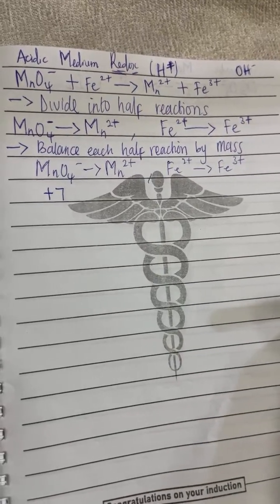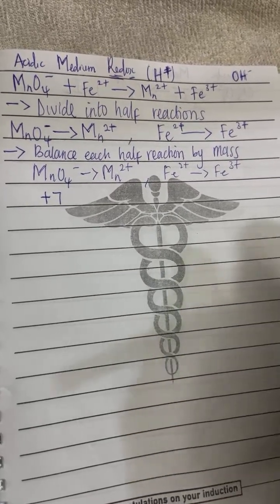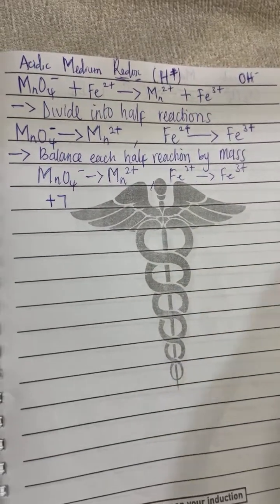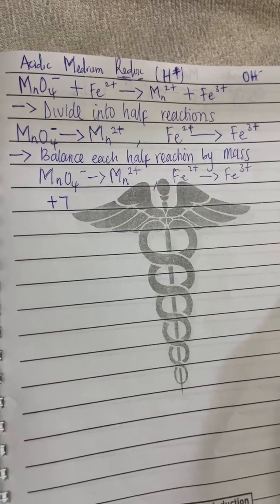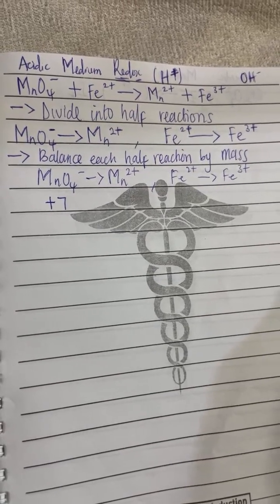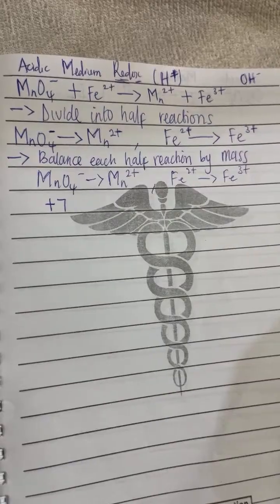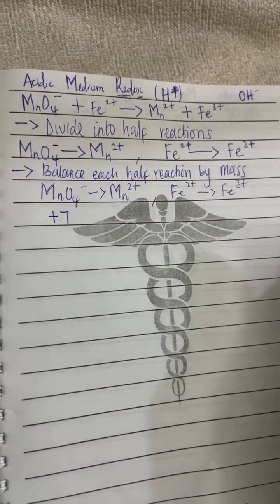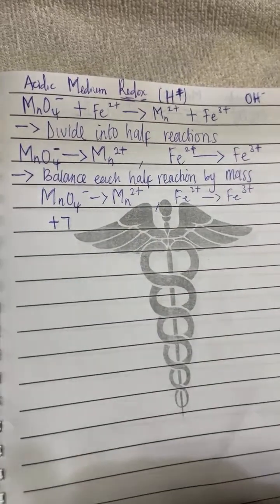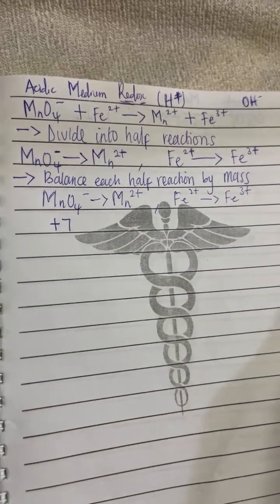If you are feeling lost, that's because you don't know how to calculate the oxidation number of elements in a compound. I've already made a video on oxidation and reduction, and I've already explained oxidizing and reducing agents and what a redox is. So if you watch that video before you come to this one, you will not have any issues.